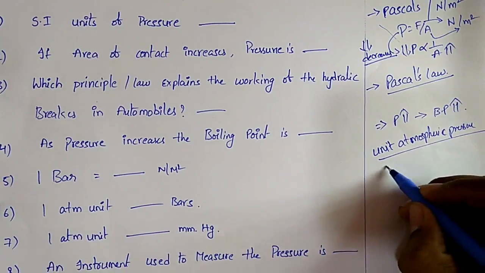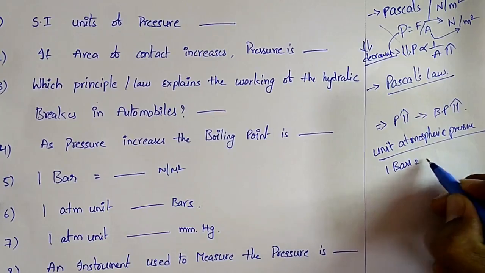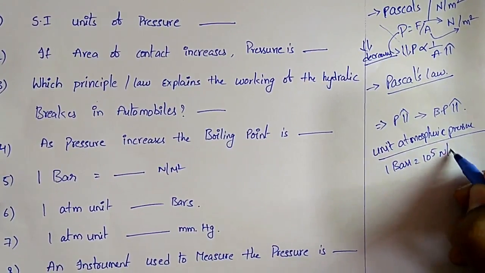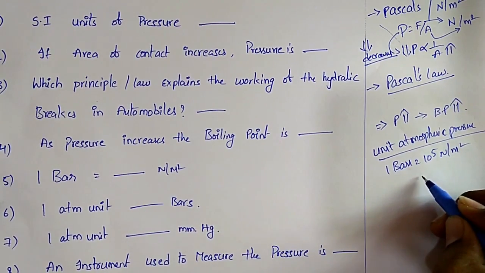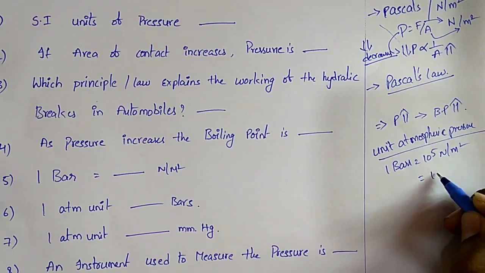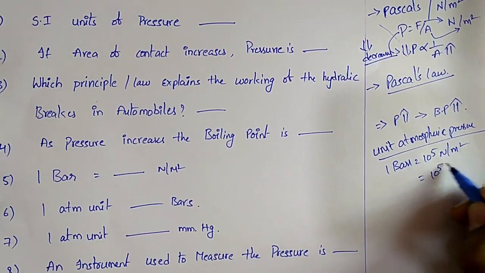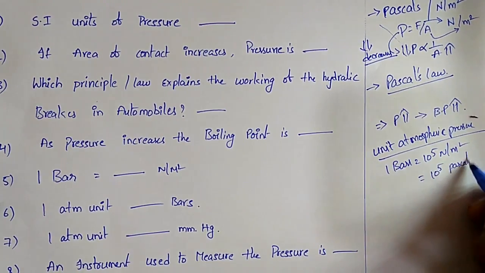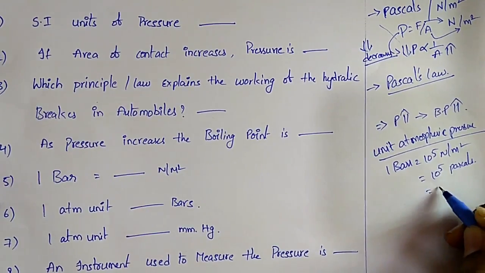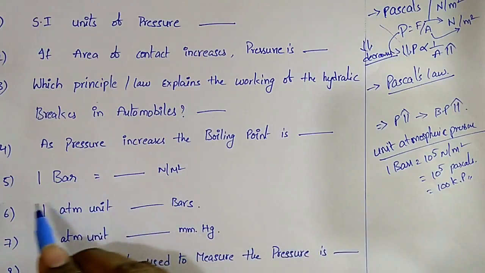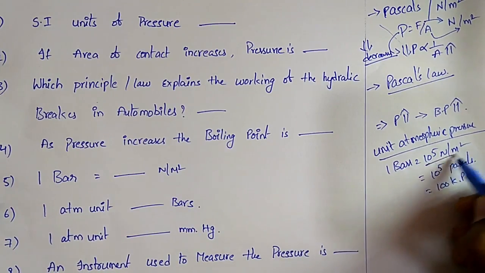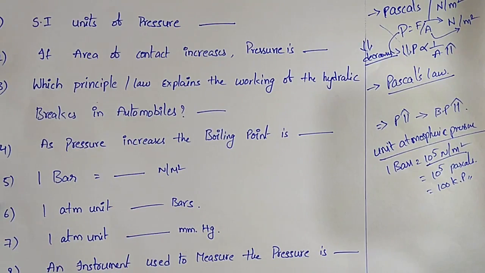But here 1 bar equal to 10 power 5 Newton per meter square, or also 1 bar equal to 10 power 5 pascals, or 100 kilopascals. Here the answer is 1 bar equal to 10 power 5 Newton per meter square.